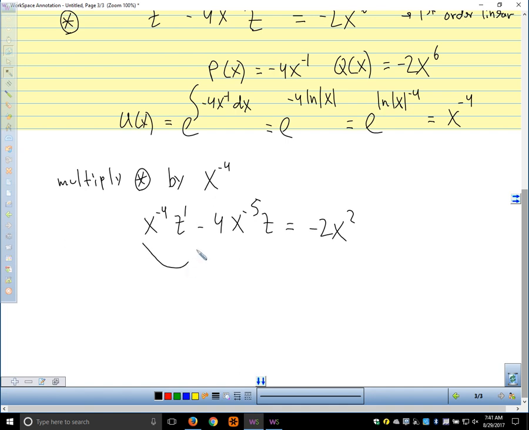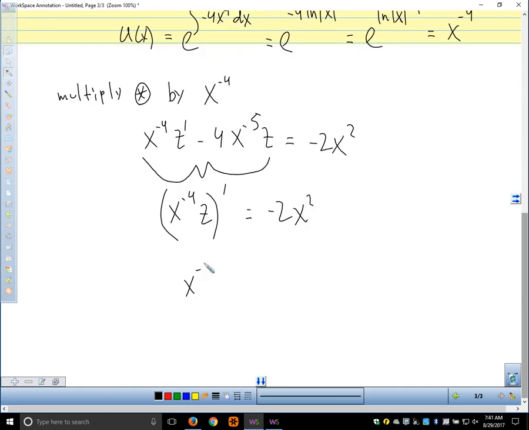And now I recognize this quantity as a derivative of a product. So what's my product here? It's the first times the derivative of the second, so it's x to the minus 4 z, prime, equals minus 2x squared. If I take the derivative of this, I get this. Now we can integrate both sides.